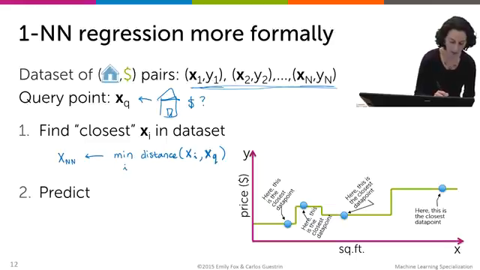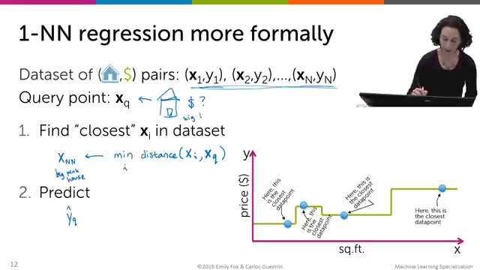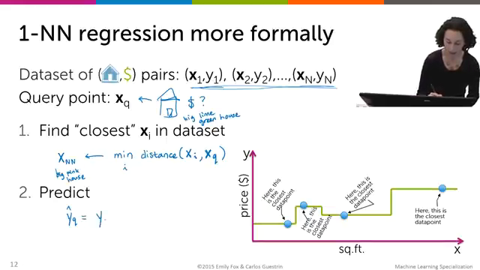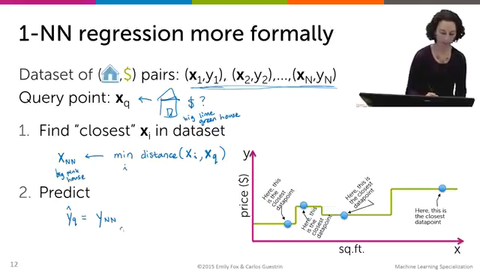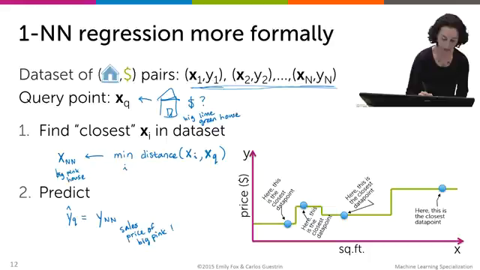So to be clear, in the picture we had on the previous slide, this x nearest neighbor would just be that big pink house. Then what we're going to do is simply predict the value of our query house, which is our big lime green house, to be exactly the value or the sales price of this big pink house.